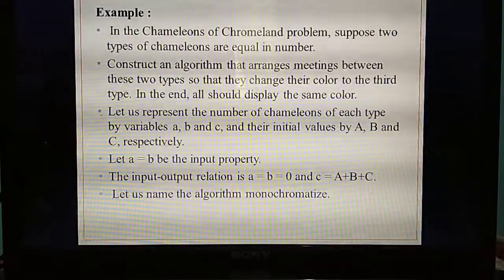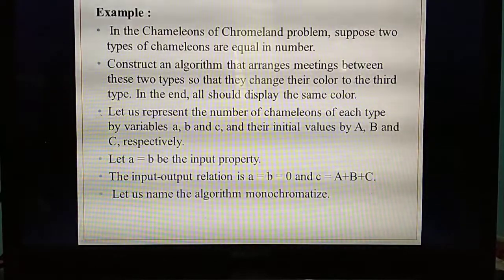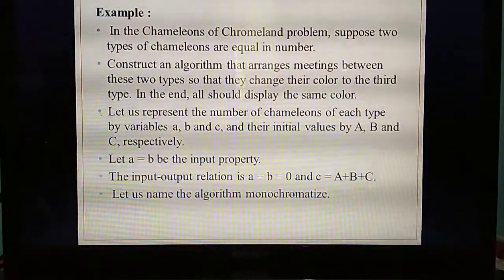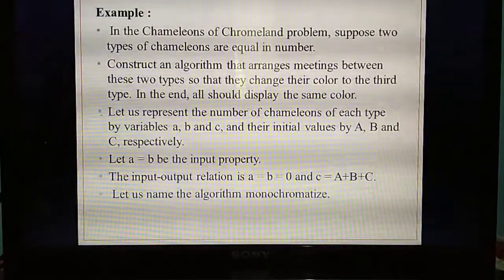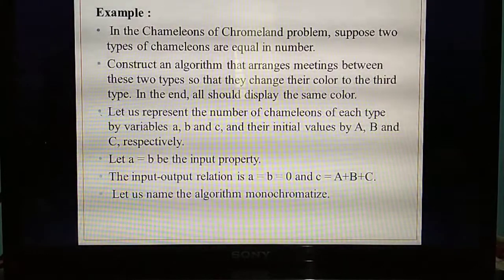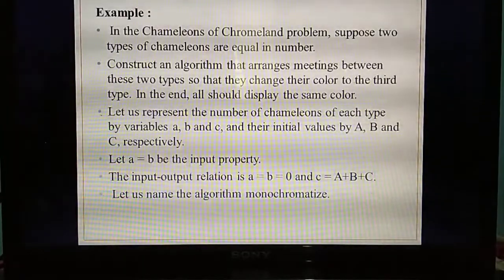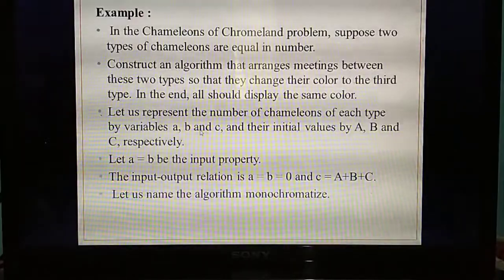Now we are going to solve this problem. There are 3 types of chameleons, so first you represent the 3 types with variables. What are the variables? A, B and C. How many variables are there? 3.